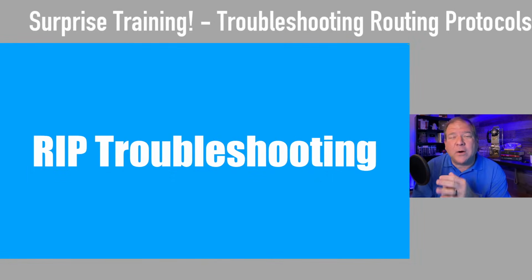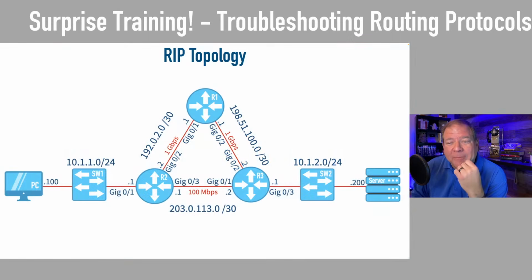But let's get going, shall we, with RIP troubleshooting. And here's the topology that we're going to be working with. We've got a PC, and it's a Linux box. And we've got a server, also a Linux box. And let me give you the rules here. We've got routers R1, R2, and R3. We want every router to see every network in this topology.